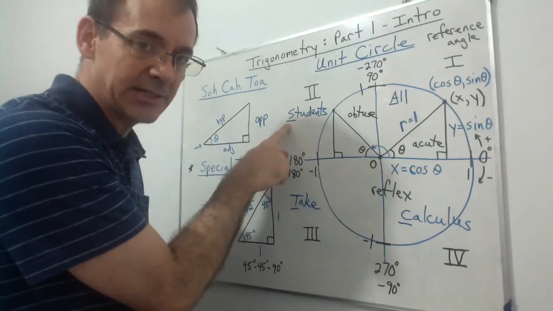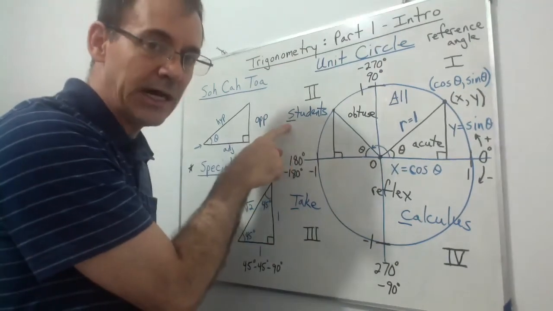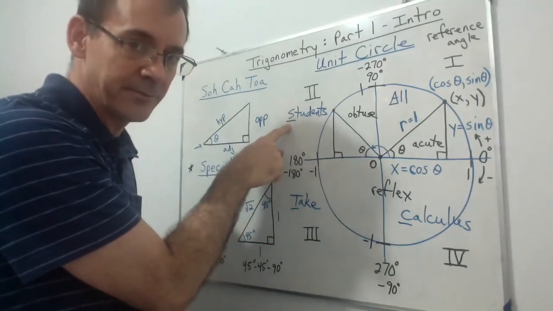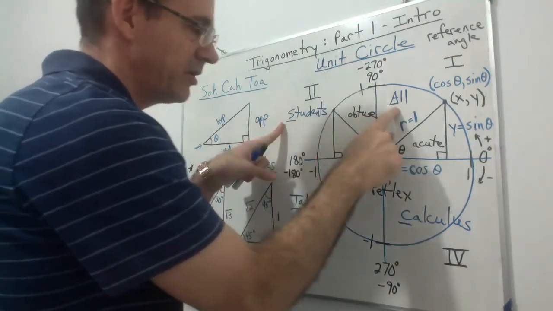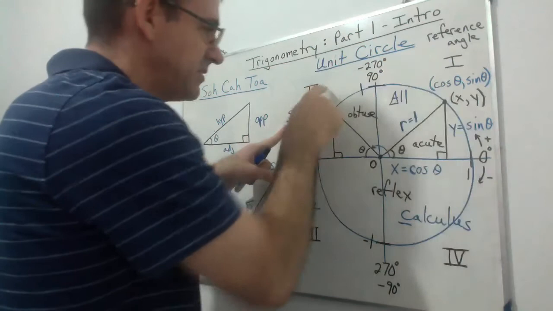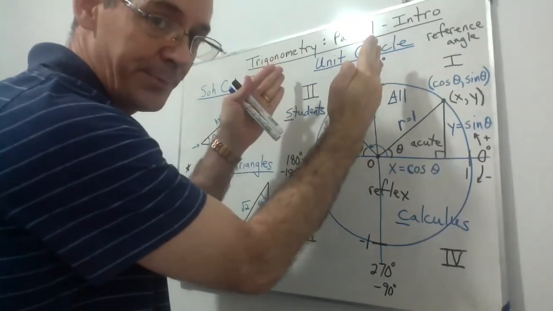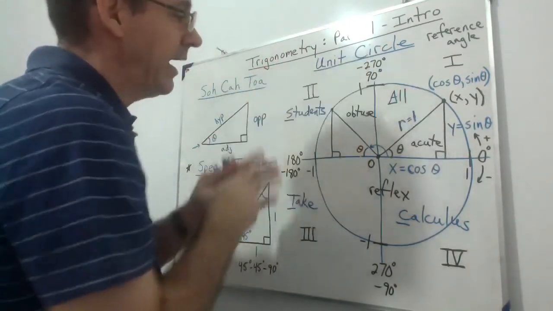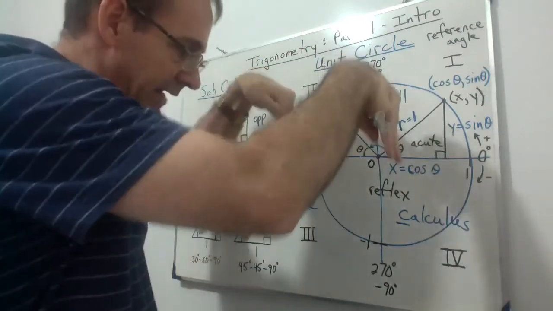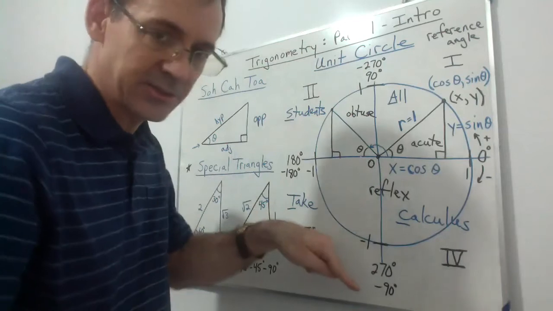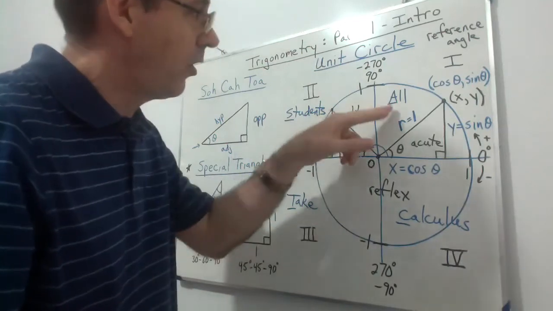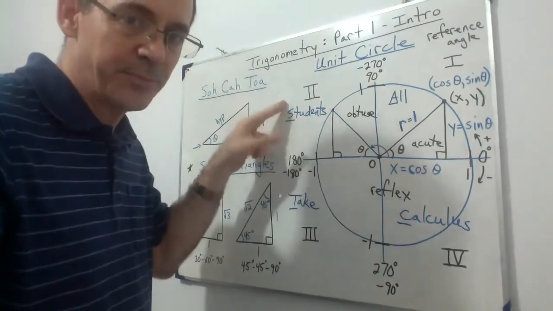Sine is your y-axis. Sine is positive in the second quadrant. So sine, which is your y-axis, is going to be positive in the first and second quadrant where it's going up, and sine is going to be negative in the third and fourth quadrant where your y-axis is going down. So all students means sine is positive here.